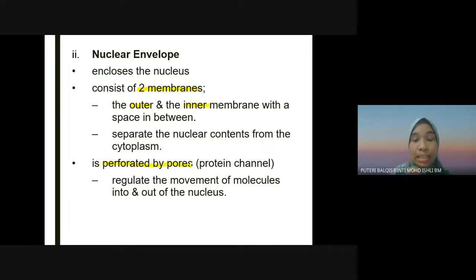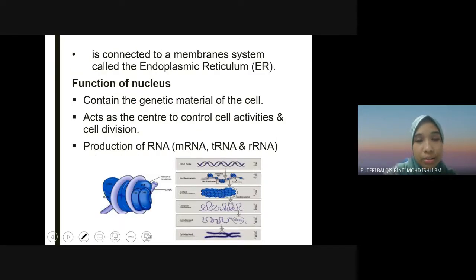So maksudnya dia ada dekat surface nuclear envelope tu, dia ada nuclear pore. Function to regulate the movement of molecules into and out of the nucleus. So dia akan mengawal siapa yang masuk dan siapa yang keluar. And nucleus is connected by ER, endoplasmic reticulum. Specifically, dia akan connected by rough ER. Rough ER akan duduk dekat lagi dengan nucleus.